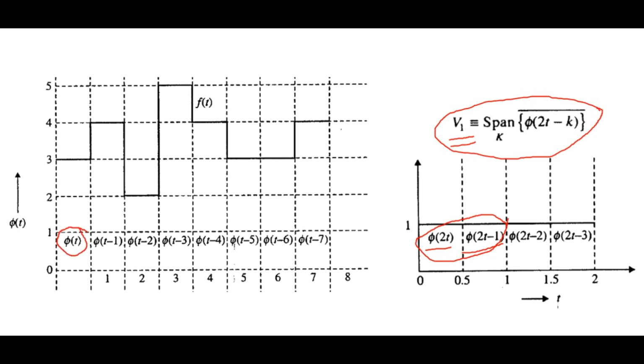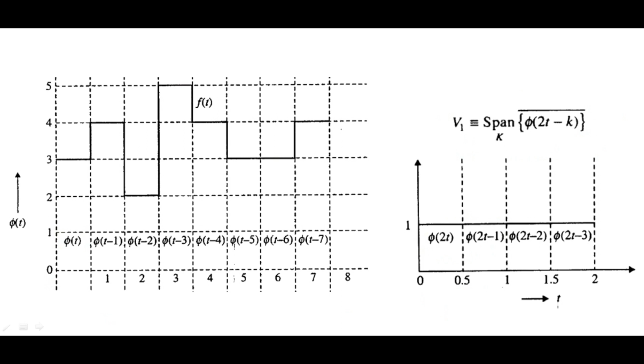So this phi of t, which spanned 0 to 1, is represented by the 2 here. So this is 0 to 1, we make it half, 0 to 0.5 and 0.5 to 1 here. So this is another functional space we can call. So after V0 we have V1 here.